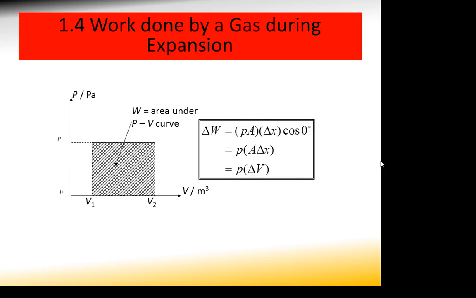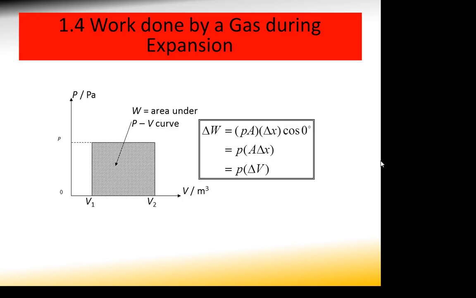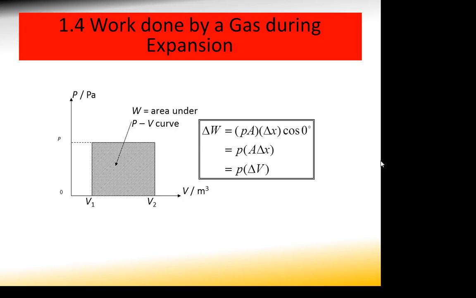So this is for constant pressure. There was an A-level MCQ that asked what must be the assumption when we use this equation. The assumption is that the external pressure must be constant.